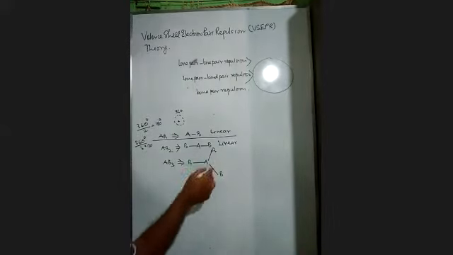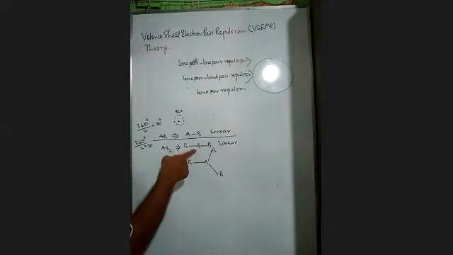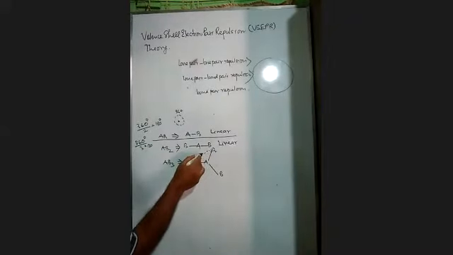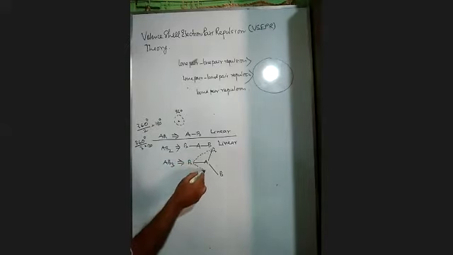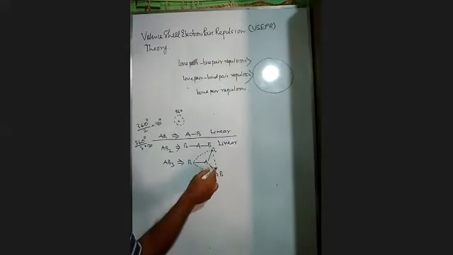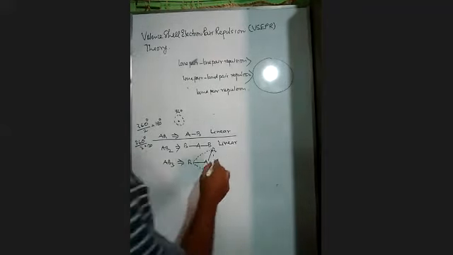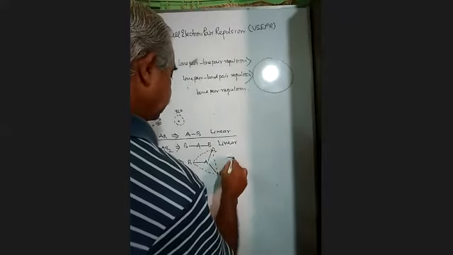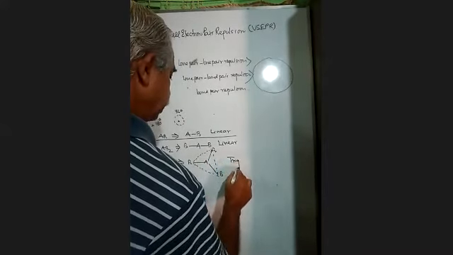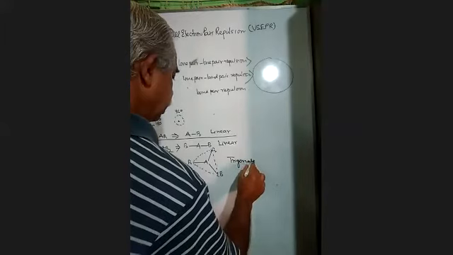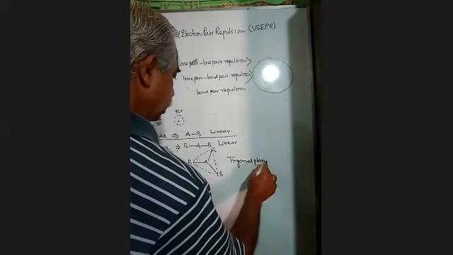It will be A with three B's. It is two-dimensional; linear is one-dimensional. If I connect it, it looks like a triangle. Because it is two-dimensional, it will be in the form of a plane. So the name of the structure will be trigonal planar.